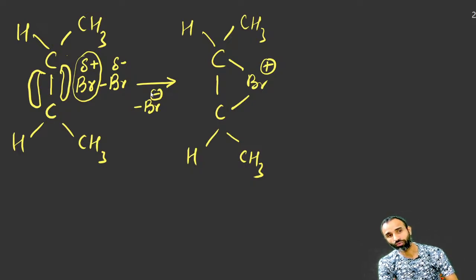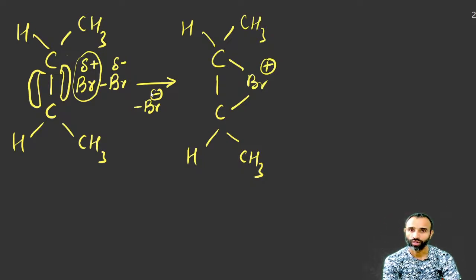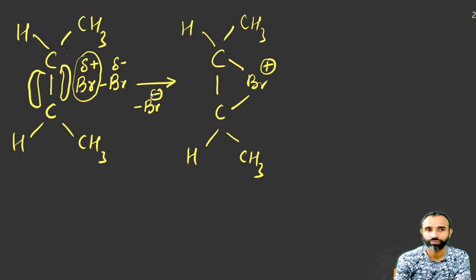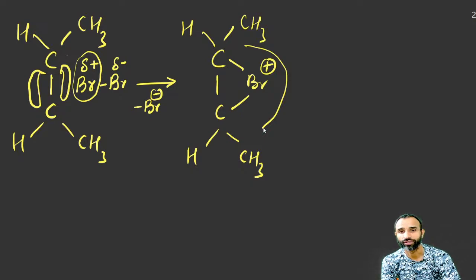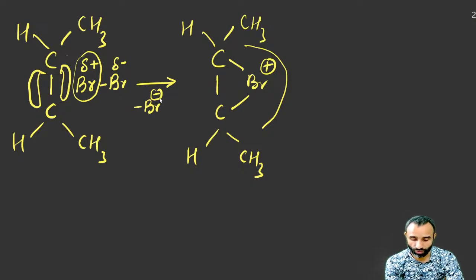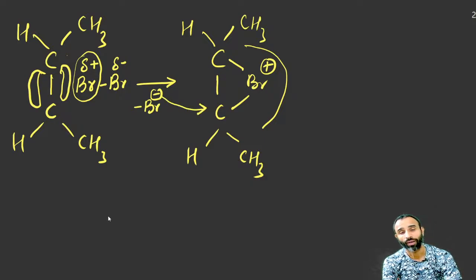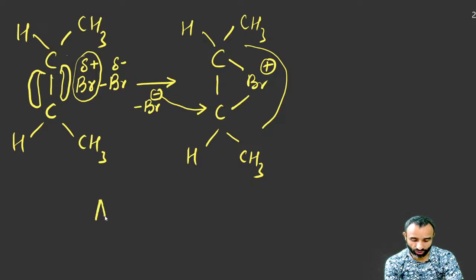Now when this Br negative attacks, it will attack from the side opposite to where Br positive is added, because this side is already blocked by this ion, and that's why it is called anti-addition.